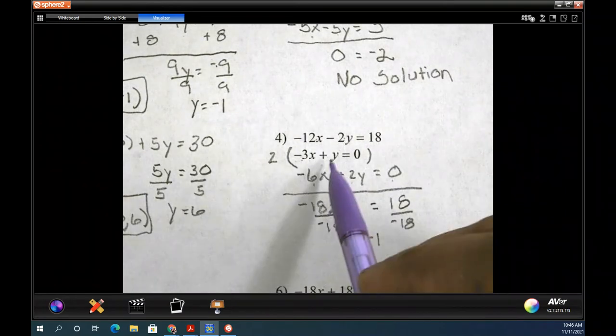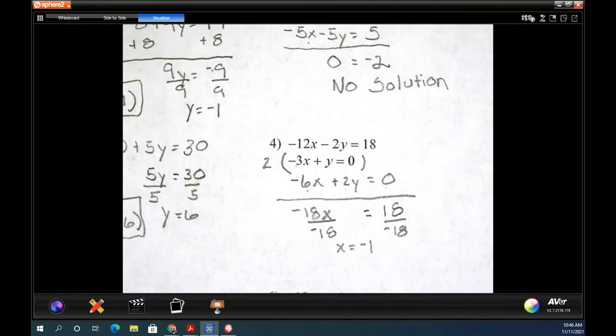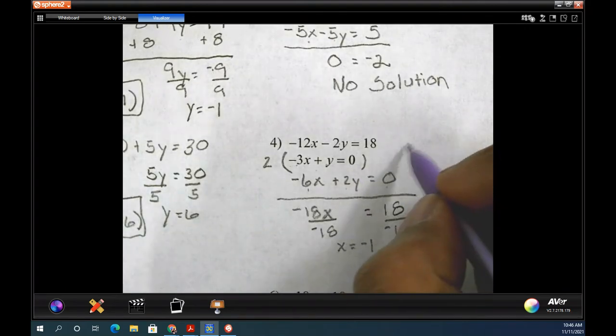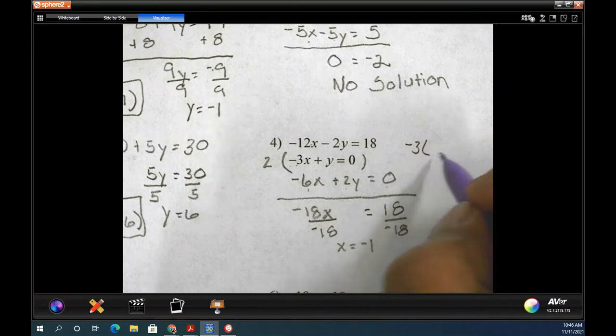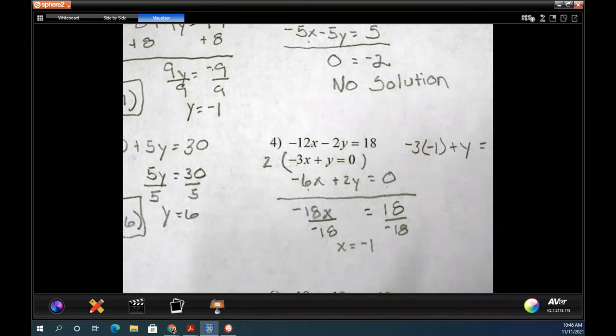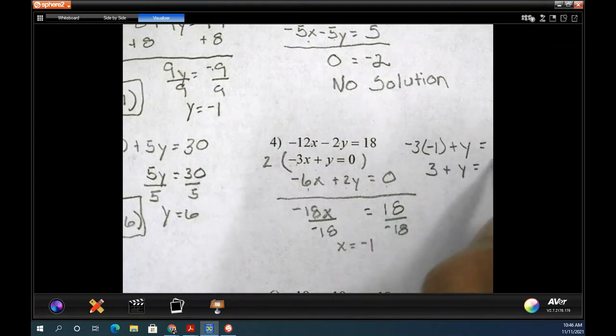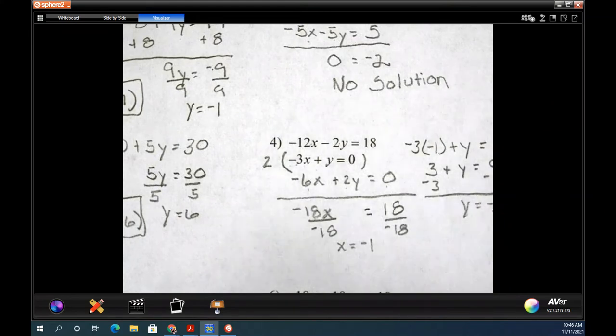Now, I'm going to use this one because I don't have to divide. So this would be -3 times -1 plus y is equal to 0. This is 3 plus y is equal to 0. Subtract 3 from both sides, and you get y equals -3. So your answer here is -1, -3.